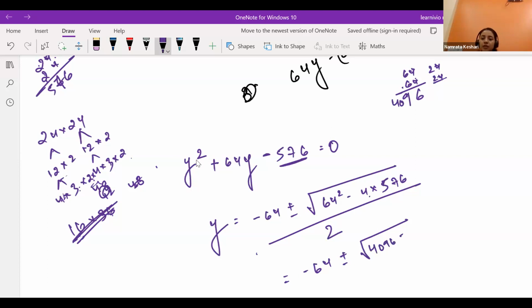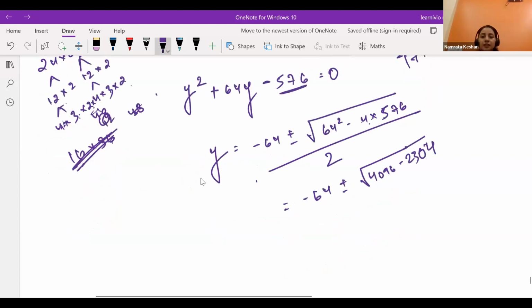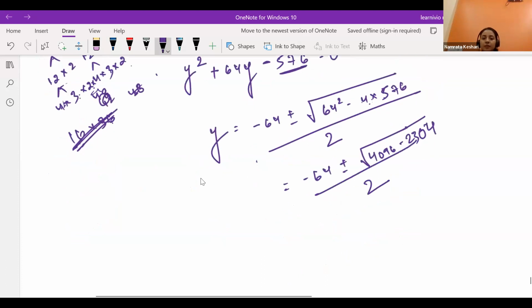Here the calculation will be bigger, but you don't have to sit and guess. When we do the subtraction, 2304, we will be getting 1792. Minus 64 plus minus under root 1792 we are getting.